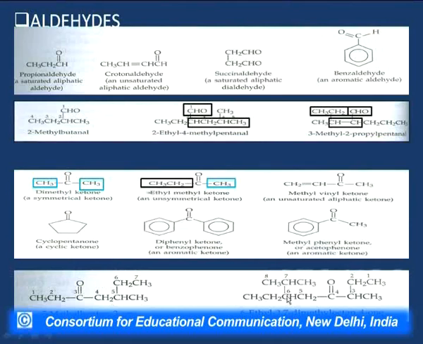Now, if I talk of this next example, which again we've taken as a branched example, what I have to stress, the concept you have to make clear in your mind, is the choice of the main carbon chain. So in this case again we've taken a branched carbon chain. In this branched carbon chain there are 8 carbon atoms, and we've taken this chain as the parent chain because it has the maximum number of alkyl substituents attached to it.